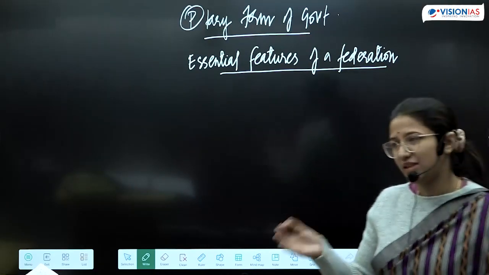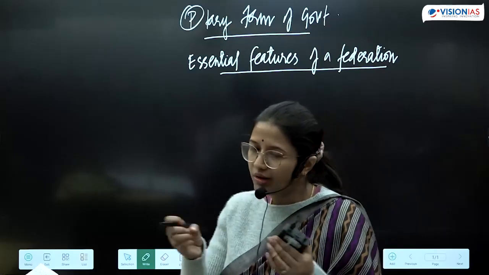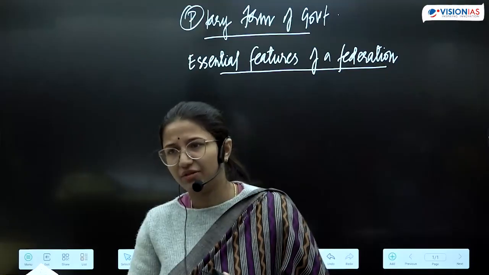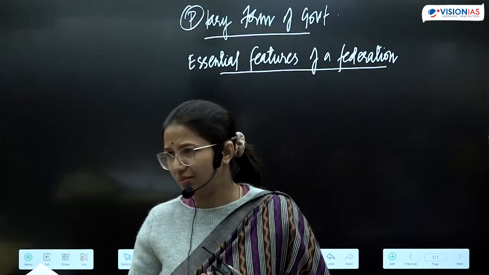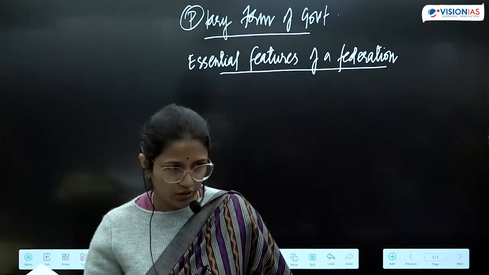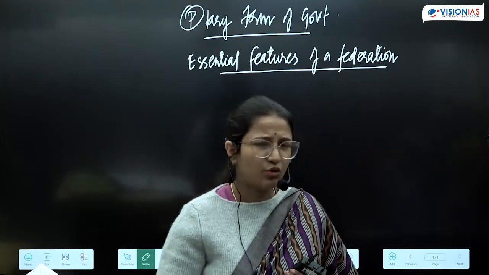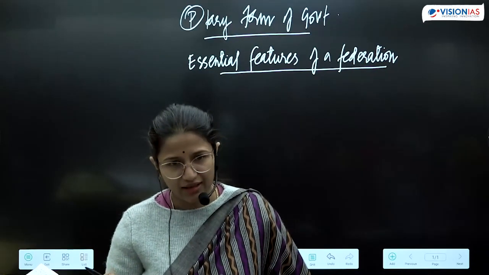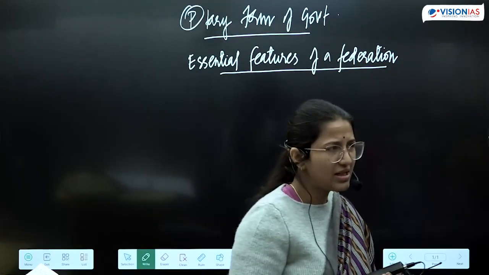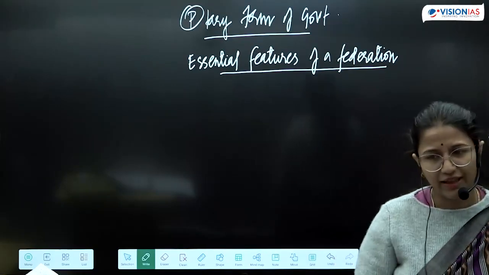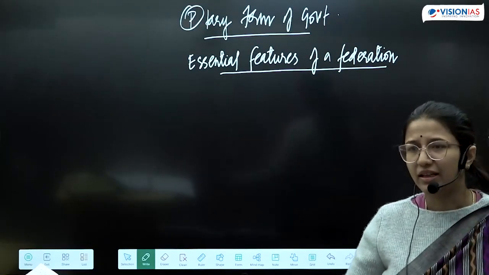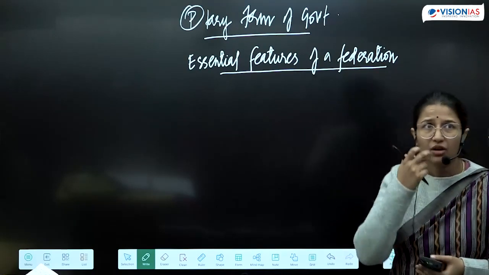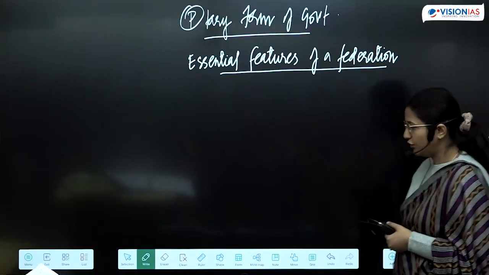In case of unitary form of government, all the powers are concentrated in the central government, and if it wishes to, it can give away certain powers to the regional or local government for administrative convenience, and at any time it can also take back those powers. Fine, so that is the idea. Now, what are the essential features of a federation?